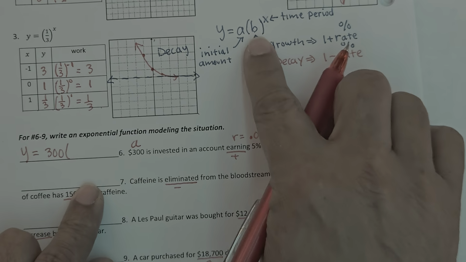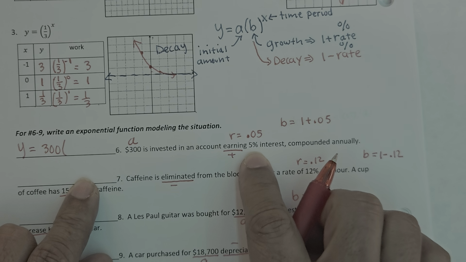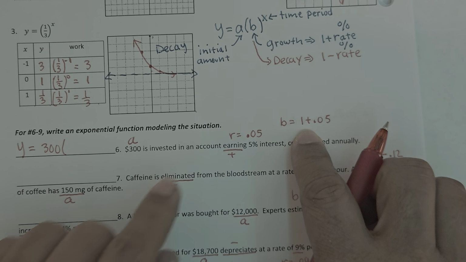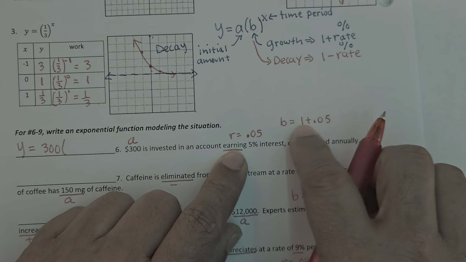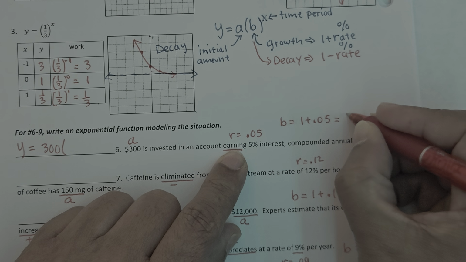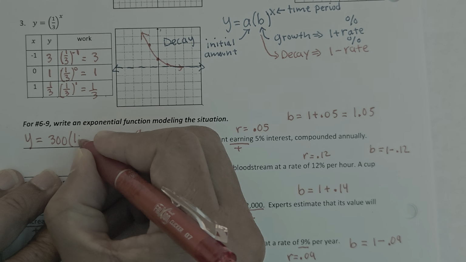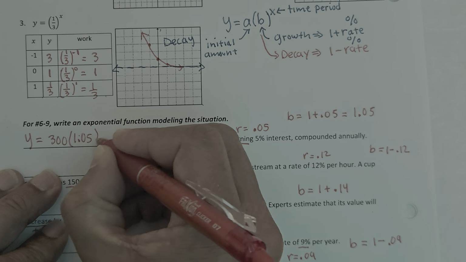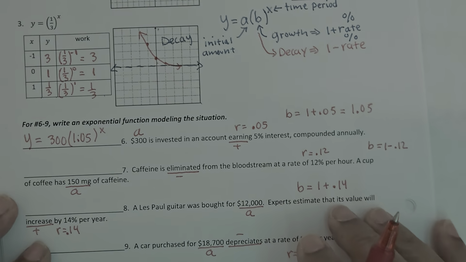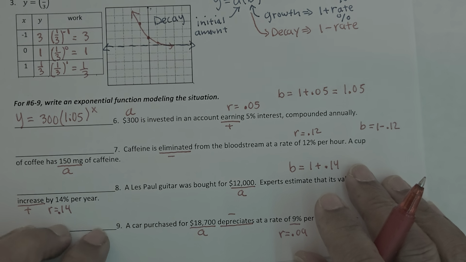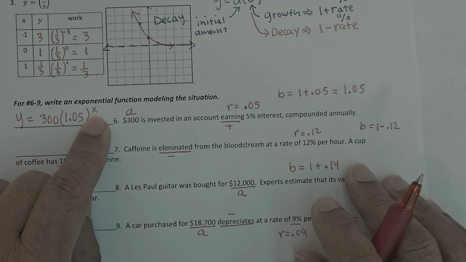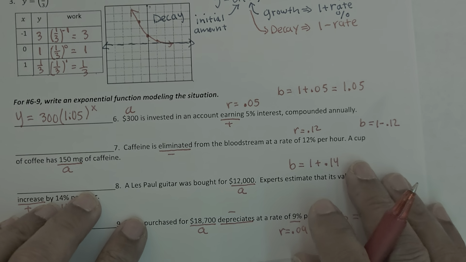And now let's get the b value. Since this is earning money, that means it's growth. So all you have to do is add 0.05 to 1, which is equal to 1.05. So this is 1.05 for b, and this is the equation for that problem. Okay, that's the function that will give you any value you want to compute or calculate.